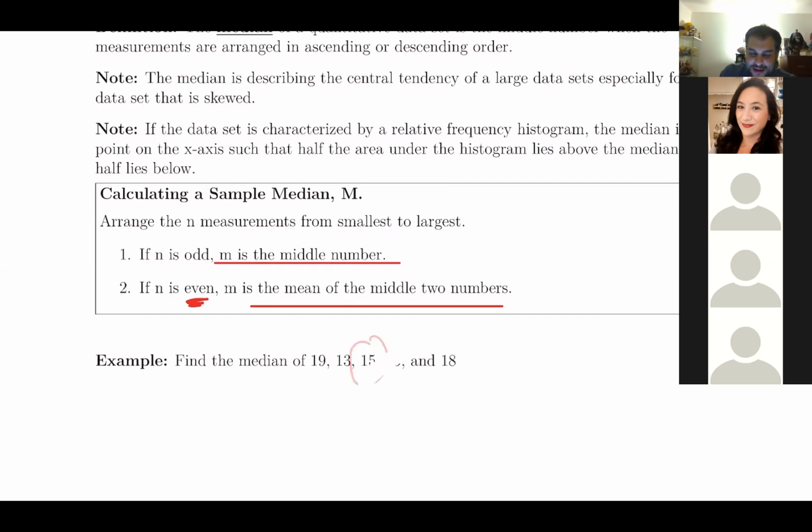The first thing you want to do is put them in order, from lowest to highest. So we'll put 13, we'll do 15, we'll do 18, you do 19, and then you do 25. Any question on how you put them in order from lowest to highest?